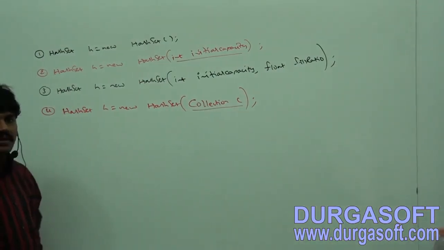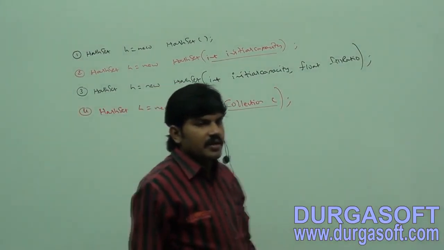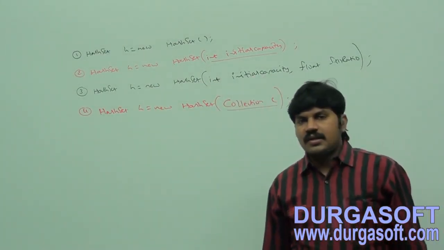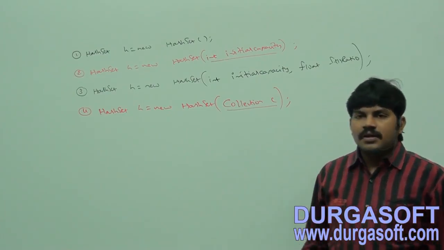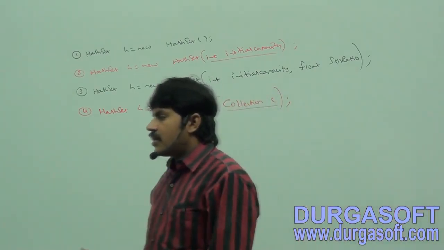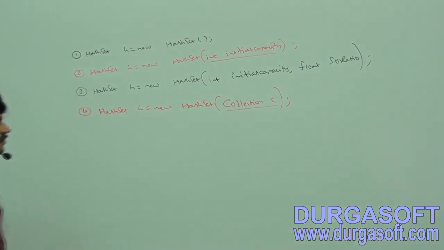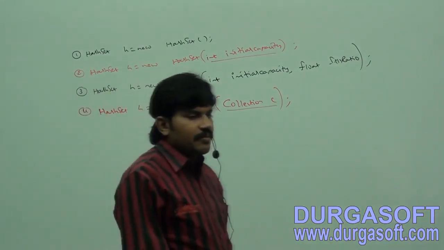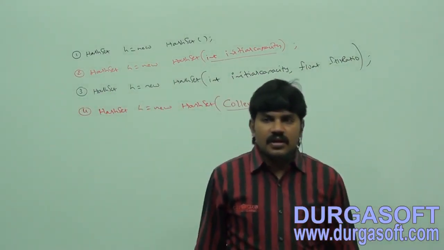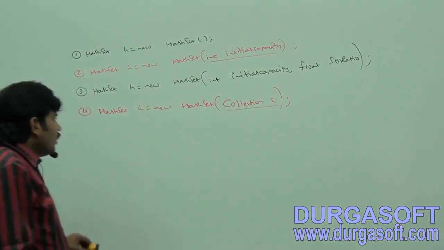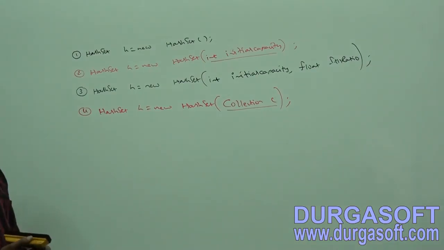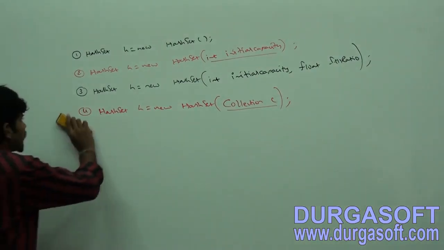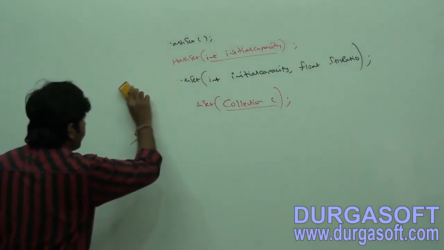It is clear for all of you, right? These are the four constructors related to HashSet.